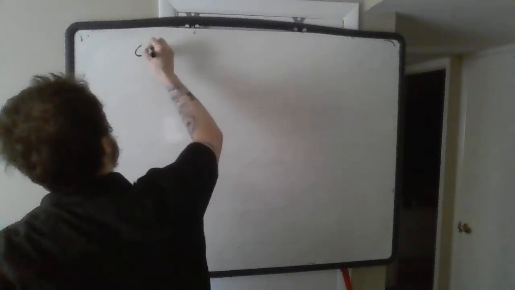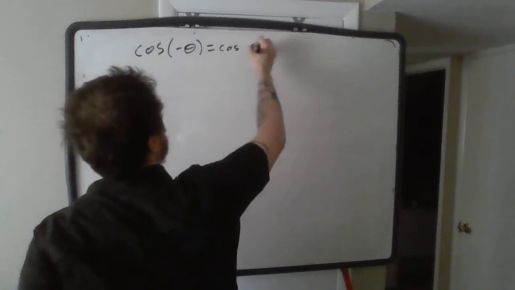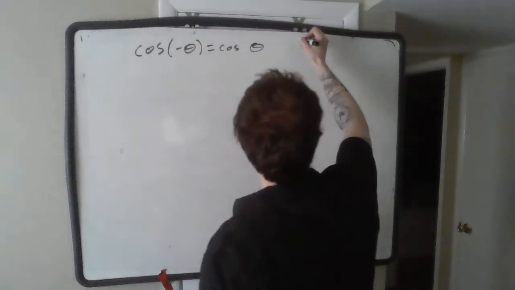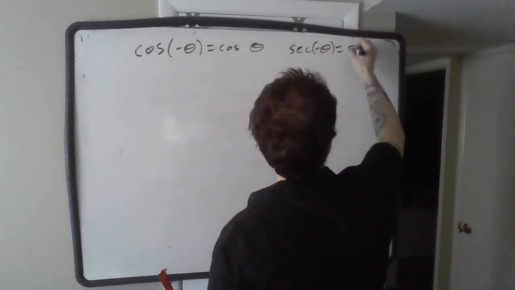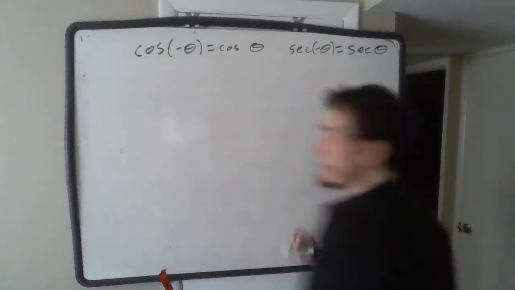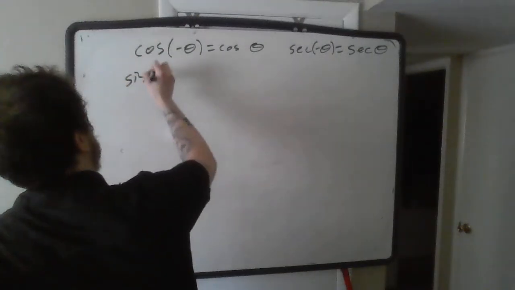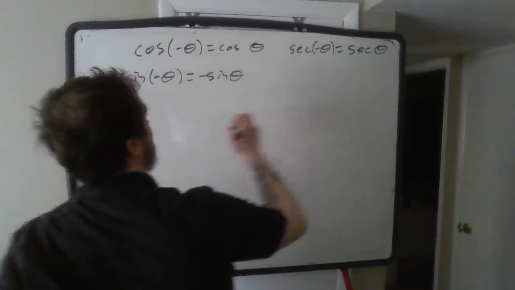So we know that the cosine of minus theta is equal to cosine theta. And for that reason, we also know that secant of minus theta is equal to secant theta. Then we have sine of negative theta is equal to negative sine theta.